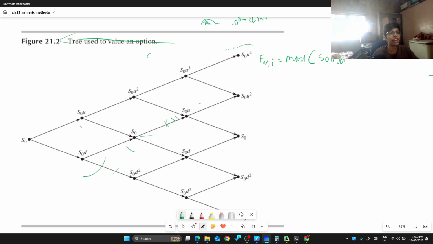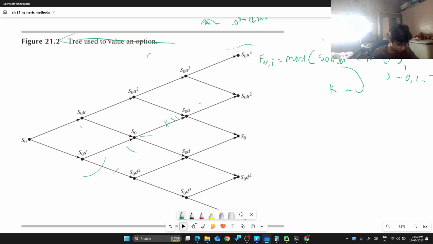You can understand n as the number of timestamps. Here j is 0, 1, the same thing I told you. It's just a generalization. And for a put option it would be K minus this thing.